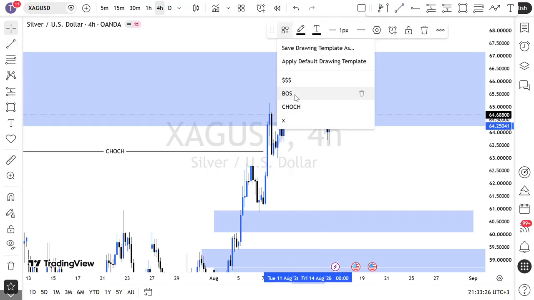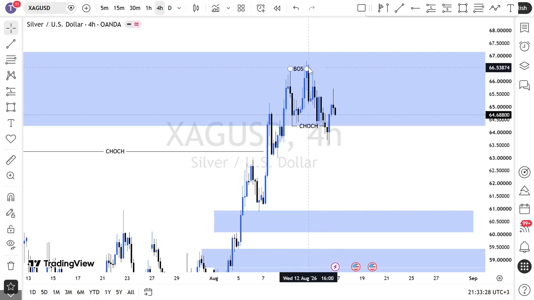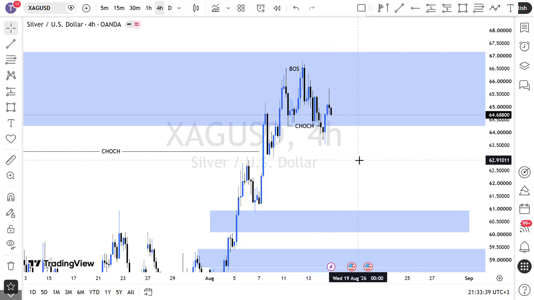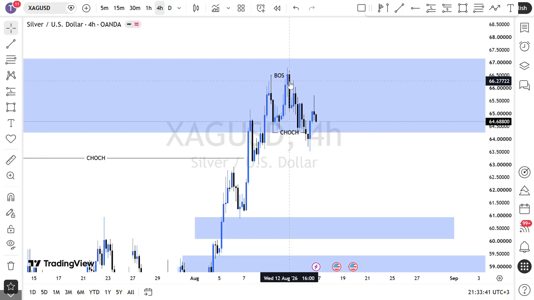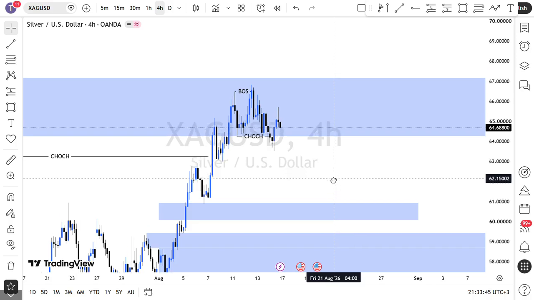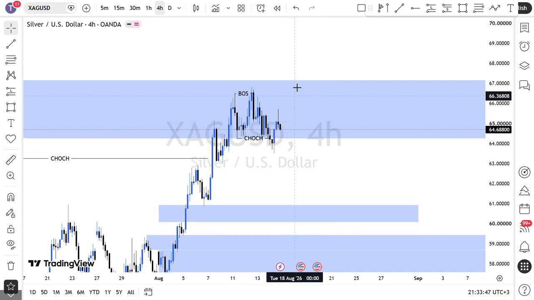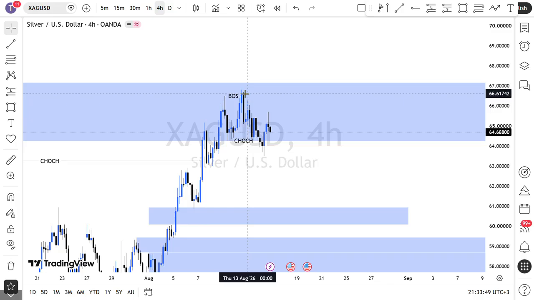And I don't really like this kind of change of character, because we didn't have some momentum telling us that price is having an aggressive move to the downside. So in that case, because I don't have that aggressive move to the downside, it means price can easily still go to the upside and clear that high.